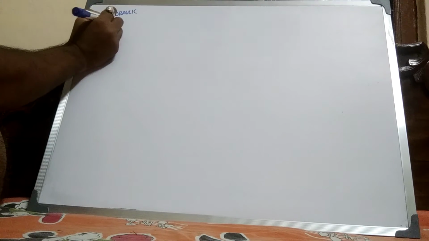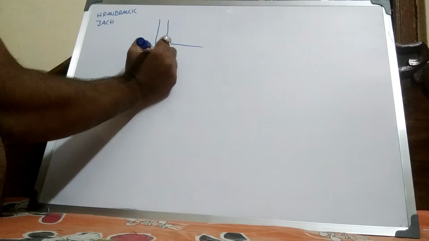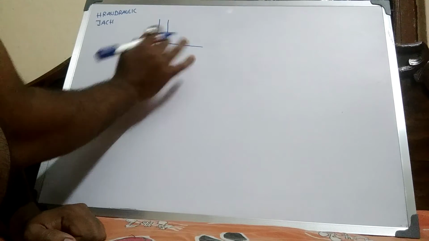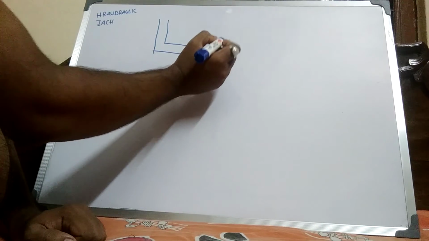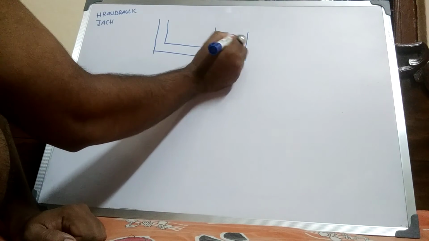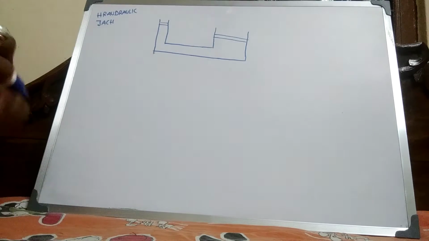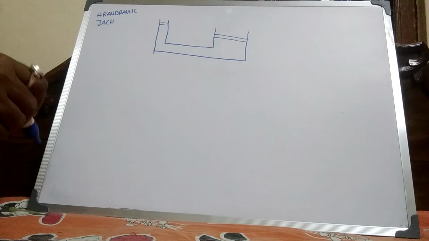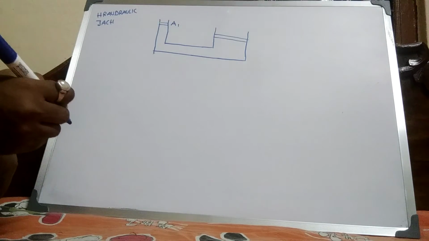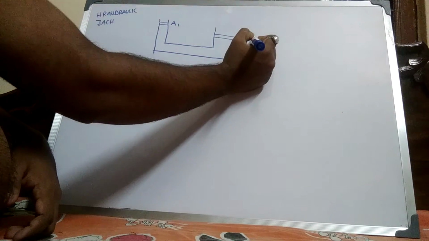Hydraulic jack. Suppose this is a small piston with area A1 in a cylinder used to lift a large piston with area A2.